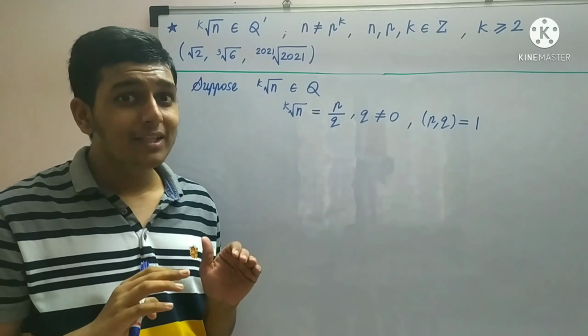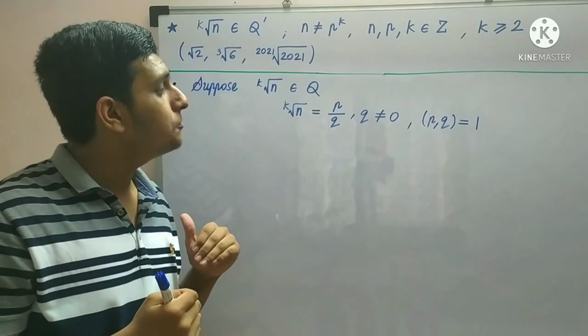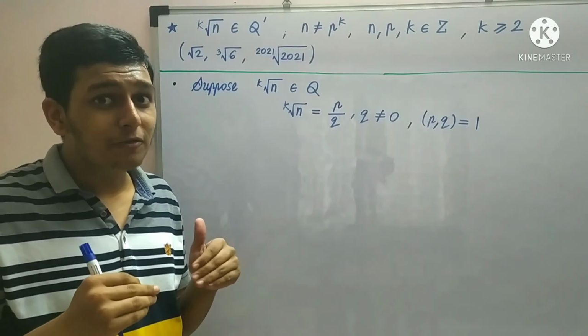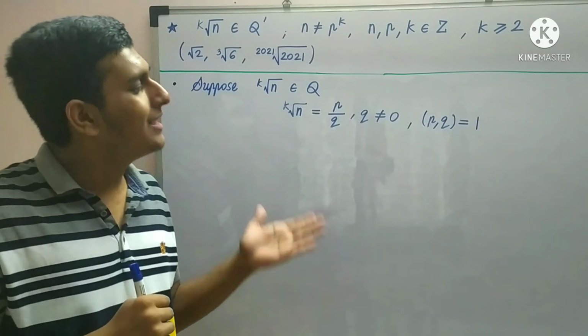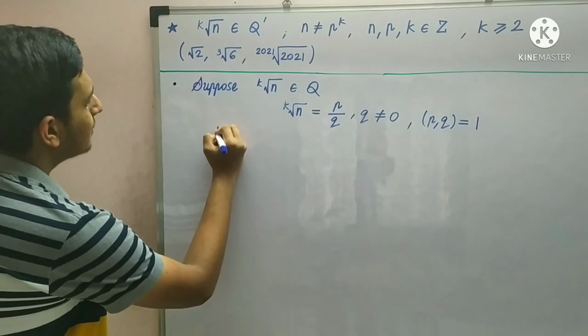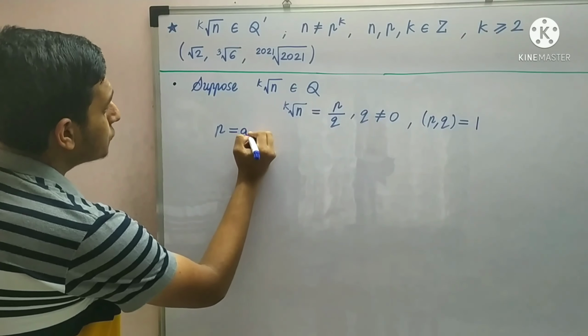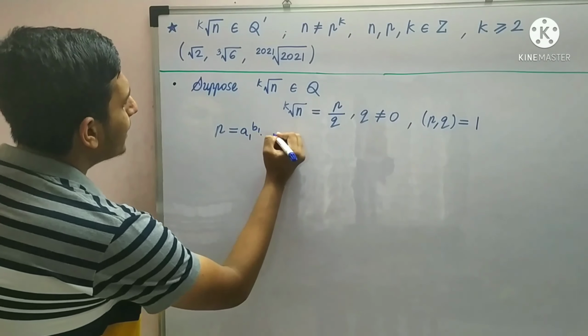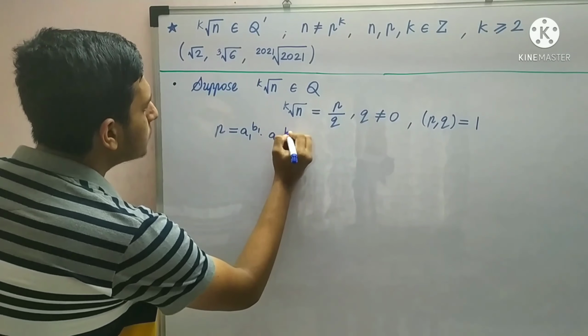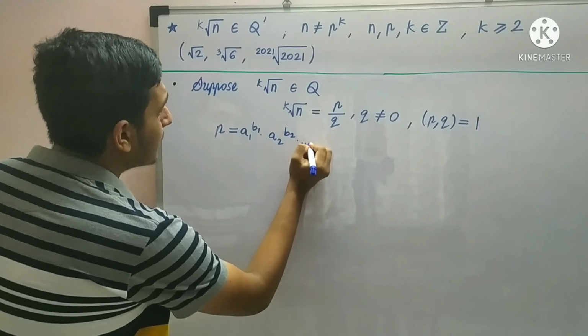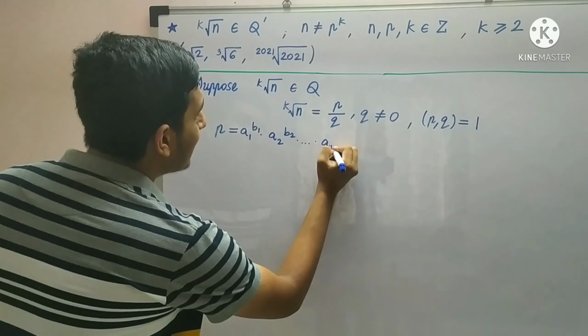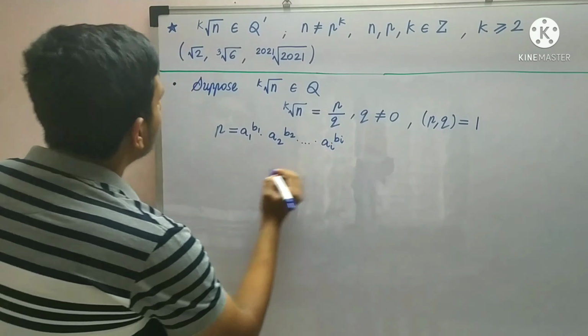The fundamental theorem of arithmetic lets p and q have some unique prime factorization of their own. Say p is a1 raised to b1 into a2 raised to b2, so on and so forth till we reach some ai raised to bi.